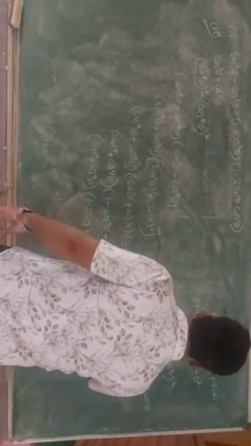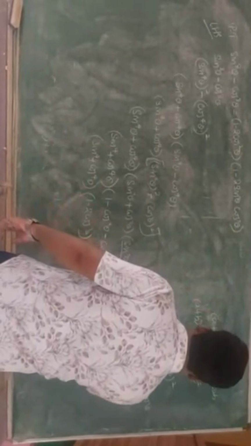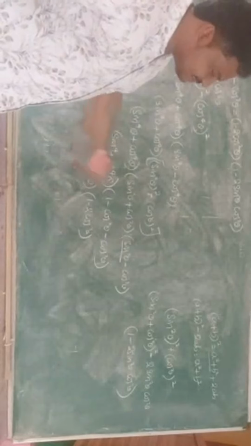Am I right? Sin square theta plus cos square theta is 1, 1 square is 1, minus 2 sin square theta cos square theta. Understood? So sin to the power 4 theta plus cos to the power 4 theta is nothing but 1 minus 2 sin square theta cos square theta.